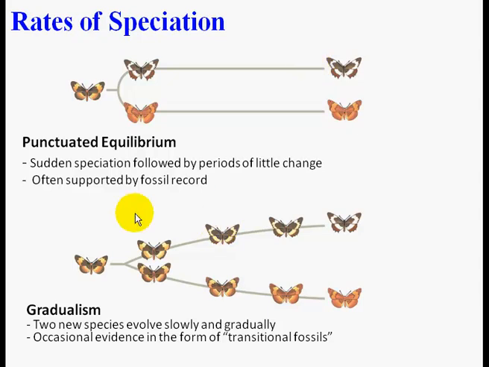There's another method, though, which Darwin favored, called gradualism. And in this speciation rate, you see that one species gradually changes over time until it diverges into two separate species. This isn't as supported by the fossil record, though we do have some transitional fossils, for example, fossils of these intermediate butterflies, that provide some evidence of gradualism.